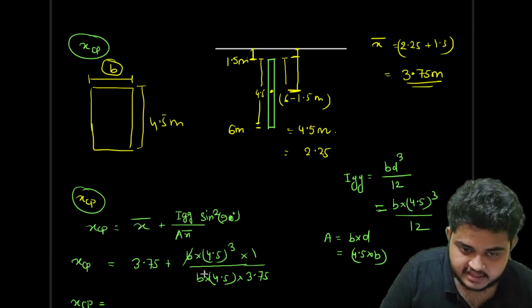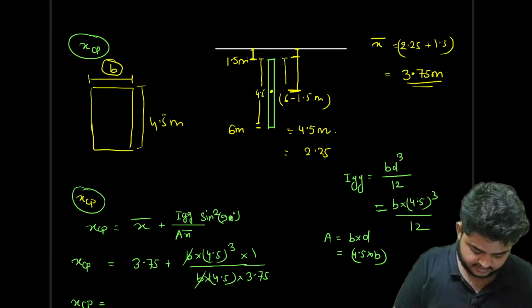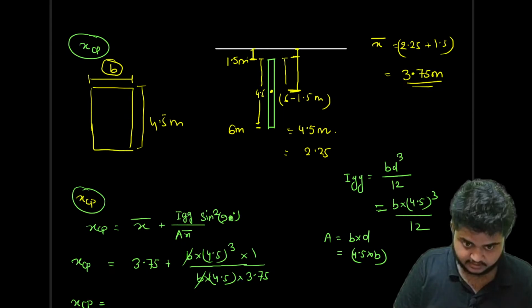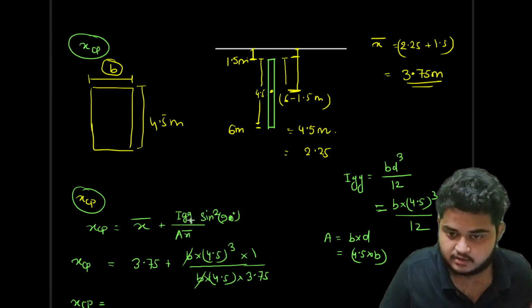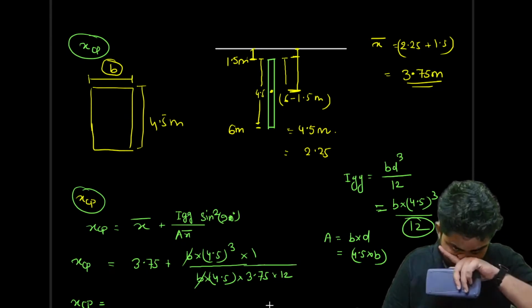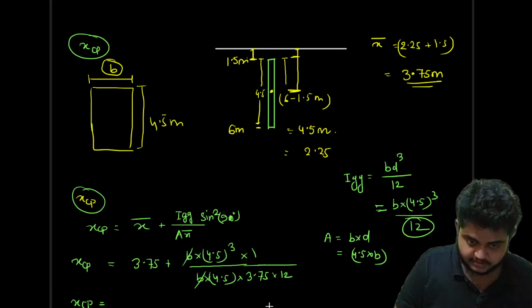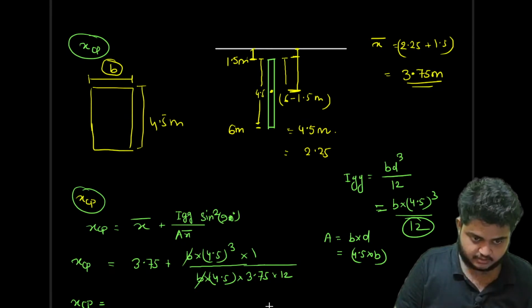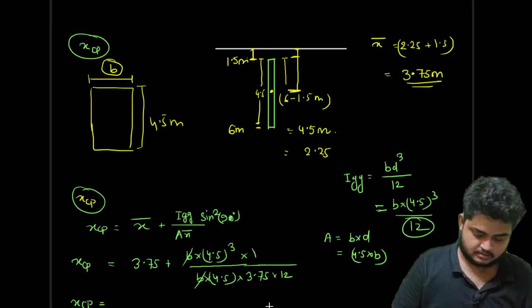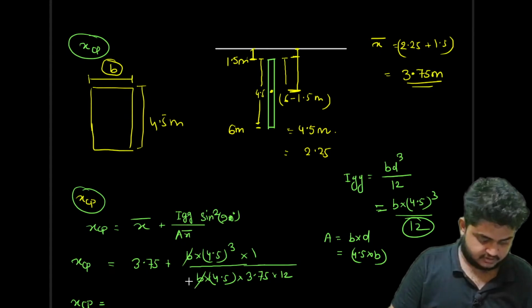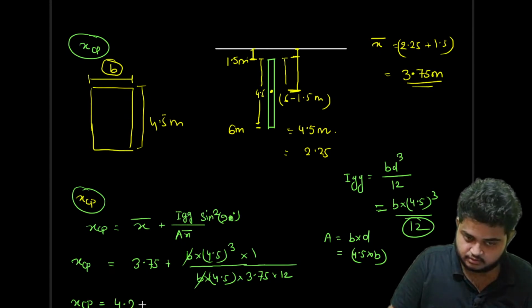And if I calculate the XCP, yes, B will be cancelled out, so just 4.5 whole cube upon 4.5 into, my god, I have forgotten this 12, that 12 is also there, so 12 into 3.75, and it is coming out as 4.2 meter.